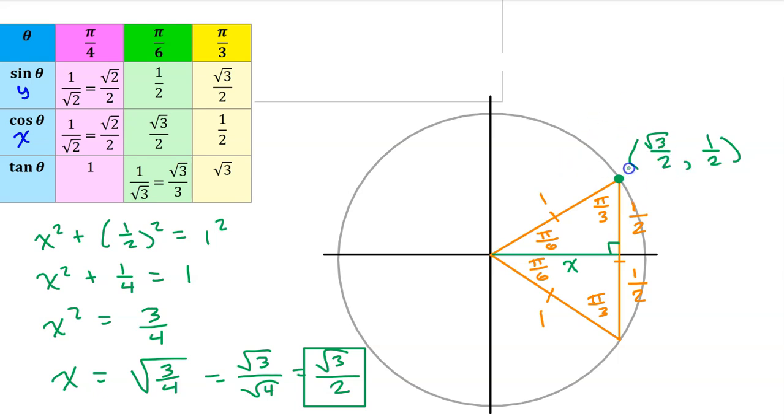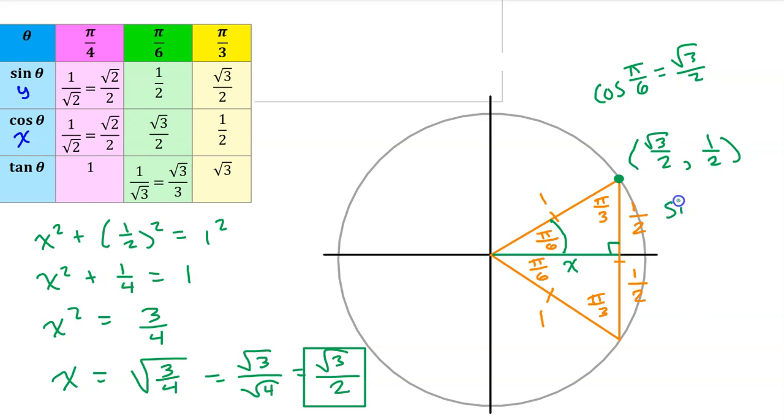Okay, on the unit circle, we know that the x value is cosine. So the angle is pi over 6. That tells us that the cosine of pi over 6 is radical 3 over 2. The y value is sine on the unit circle.